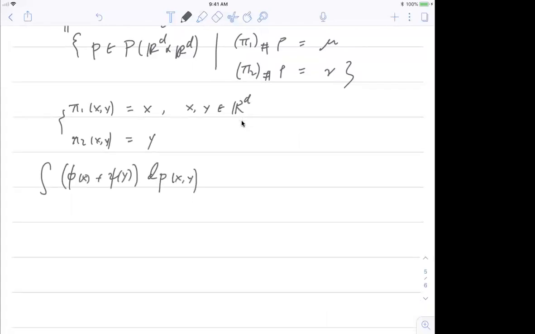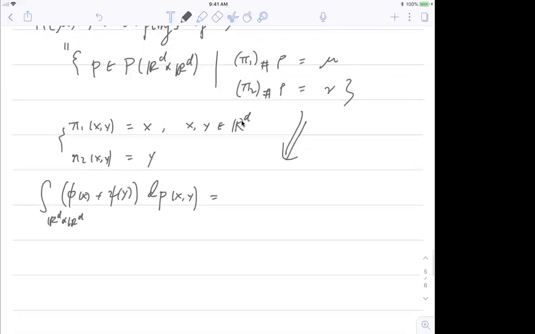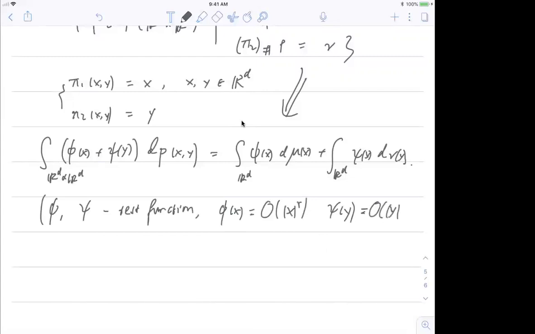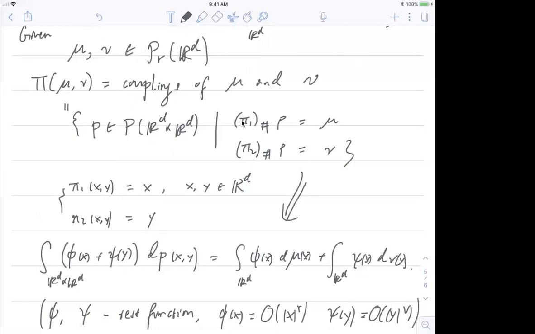If you integrate against the coupling P(x, y), this property really means the integral of phi(x) d mu(x) plus the integral of psi(y) d nu(y). Phi and psi are test functions, and we need some growth control as well, but these are not very crucial, just because mu and nu have finite rth moment.